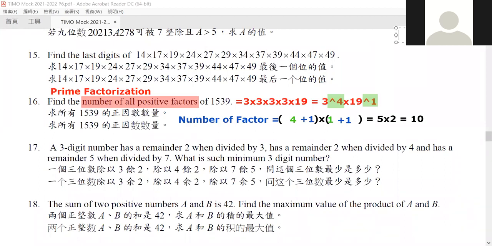All the 10 factors are 1, 3, 9, 27, 81, and then the next part is 19, and then 57, and then 171, and then 513, and finally 1539. So again, by counting all these numbers, you will also get our answer here, which is 10. Okay, so let's go to our next question.